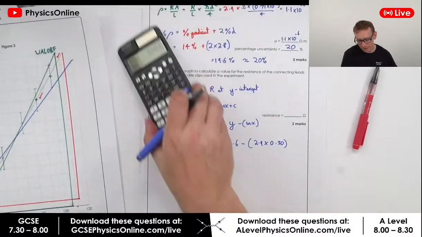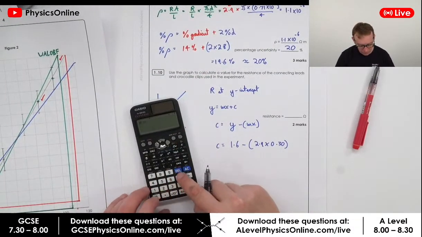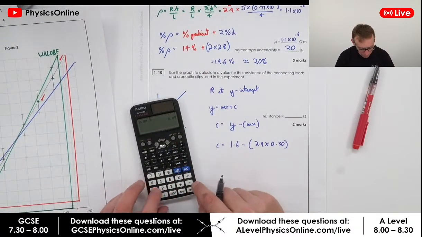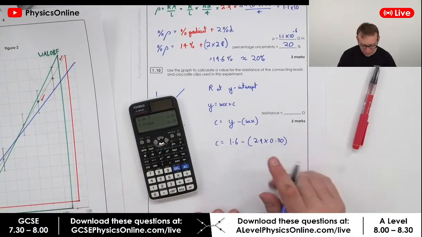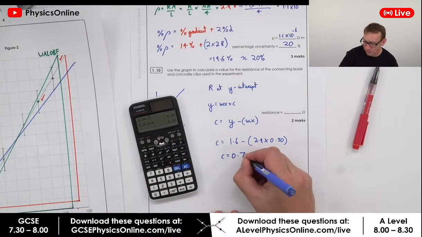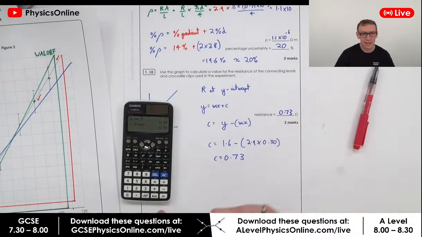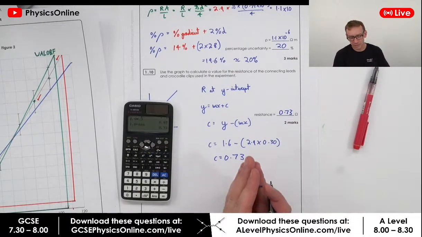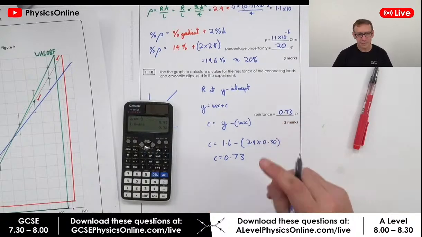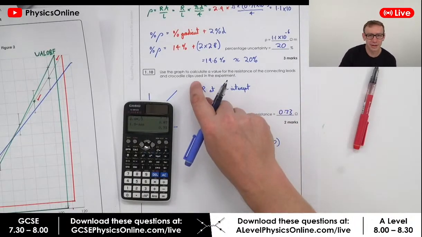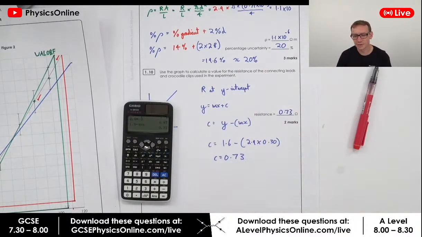Okay, so if I do that, 2.9 times 0.3, 1.6 minus this, gives me an answer for the y-intercept of about 0.73. So the resistance, when the length of wire being tested was 0, is equal to 0.73, and therefore this must be the resistance of the crocodile clips and the connecting leads in that experiment.